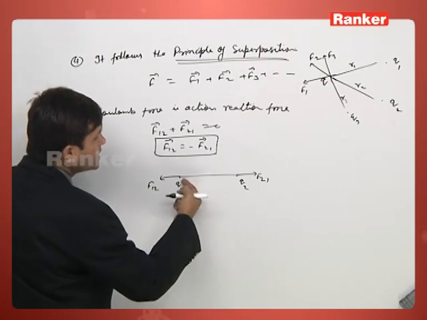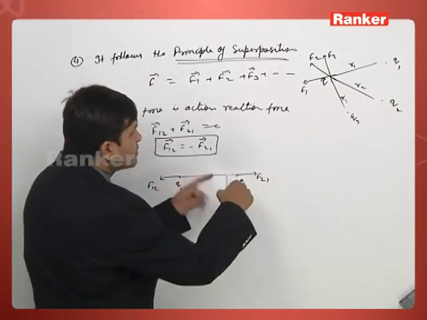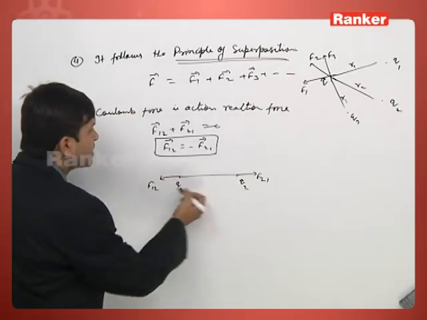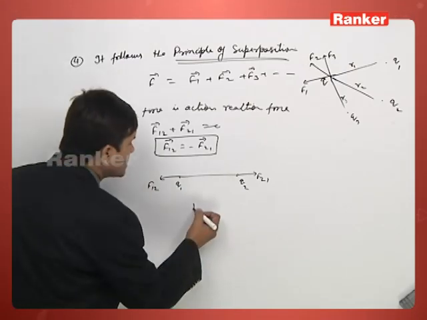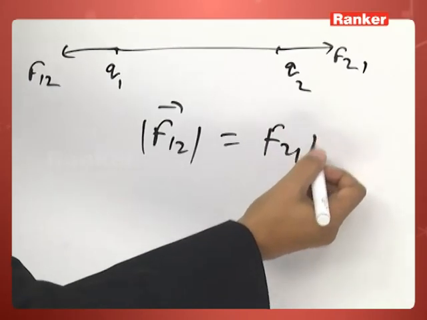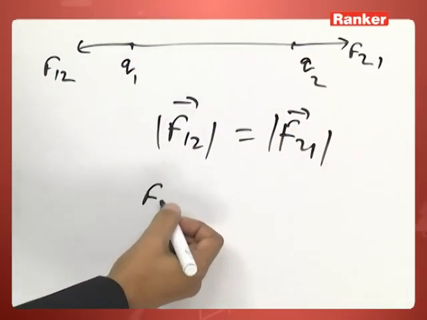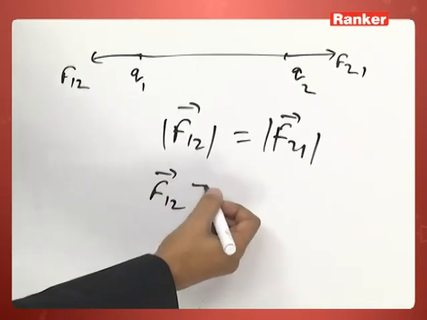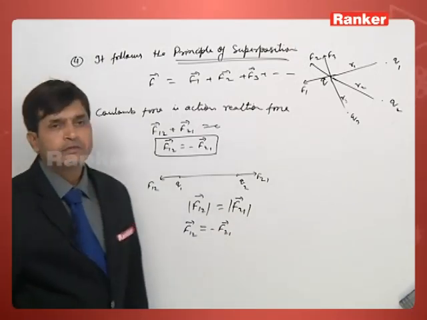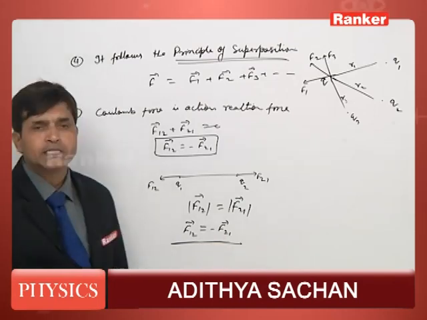And since the force depends on the product of both the charges and the distance between the charges, the magnitude of F12 and F21 are the same. But directions are opposite. Then we can say F12 is equal to minus F21, and this is nothing but action reaction forces.